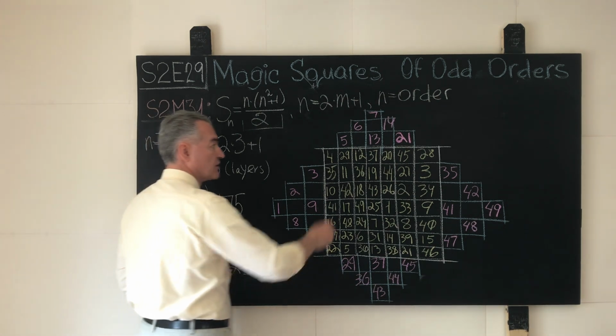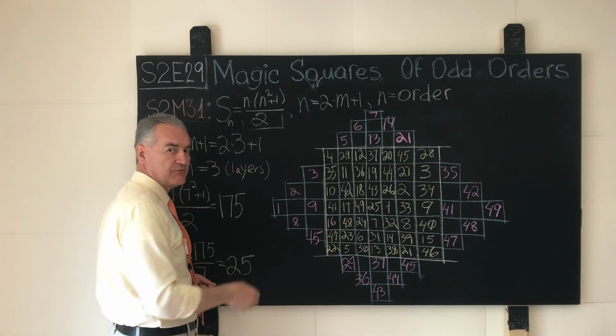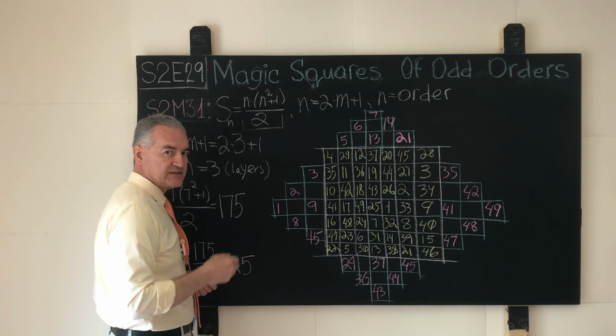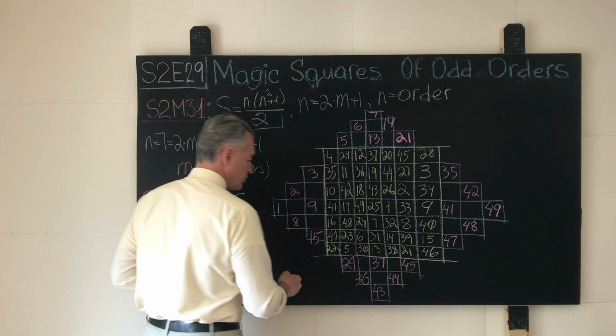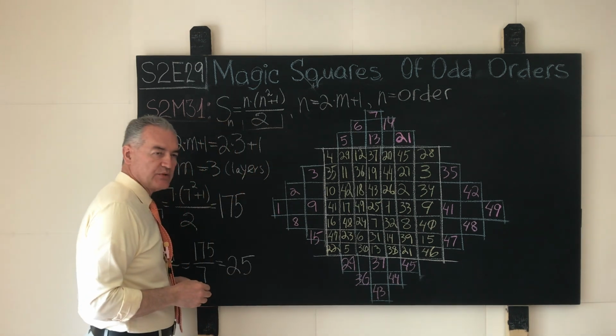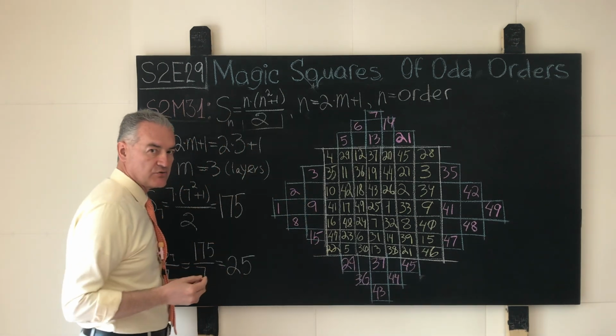Step number 1, construct an empty 7 by 7 square as we explained, with an equal number of n squared cells in it. Step number 2, construct the odd diminishing pyramids on each side of the 7 by 7 square according to which algorithm?